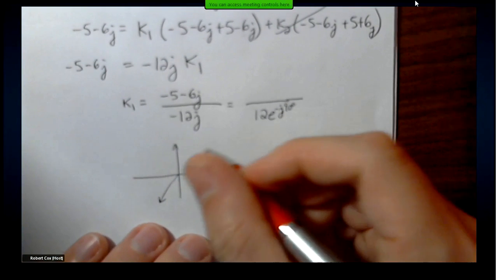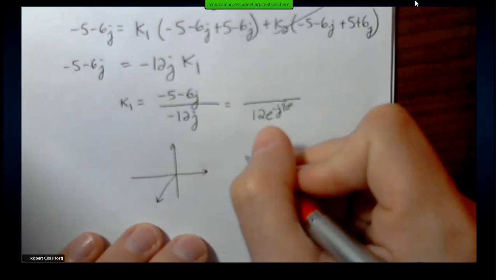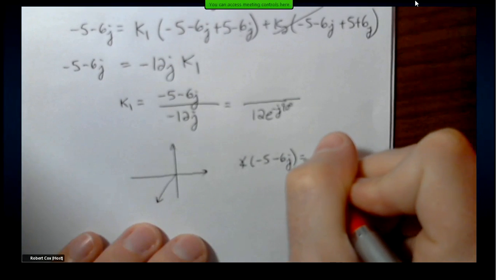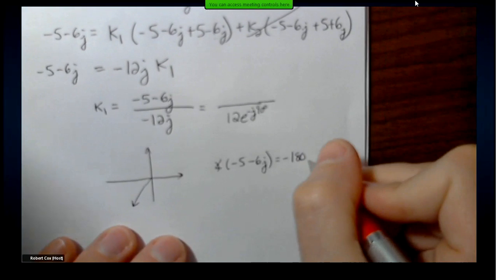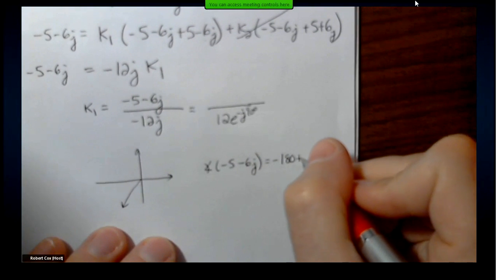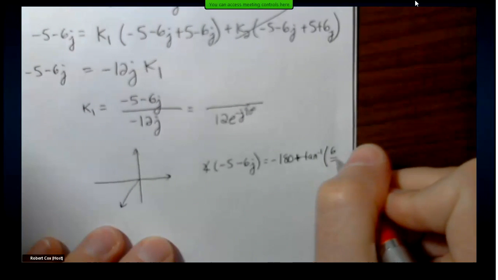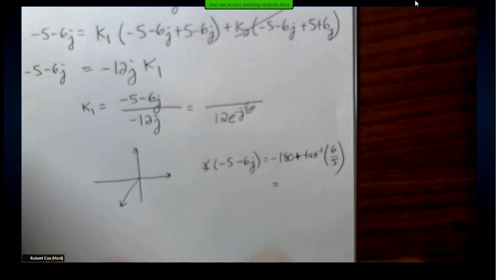So again, because he's on the other side, we say the angle of minus 5 minus 6j is minus 180 plus the arctan of 6 over 5. What does that become?